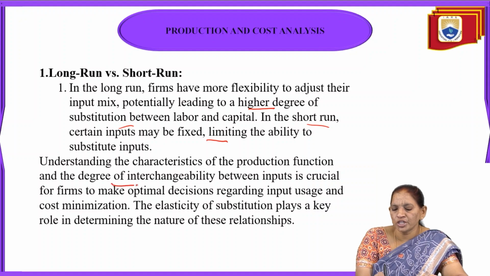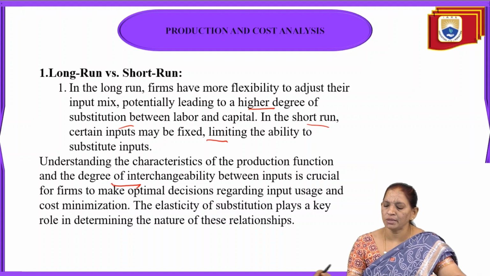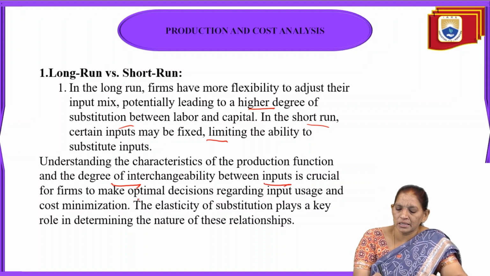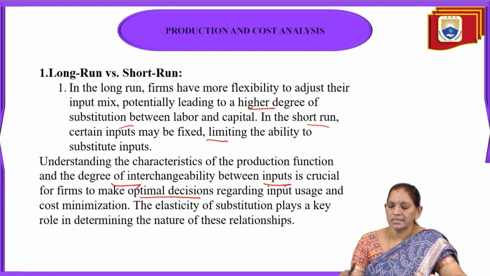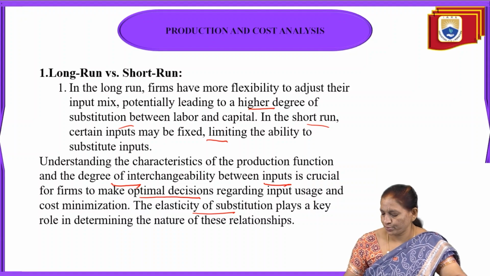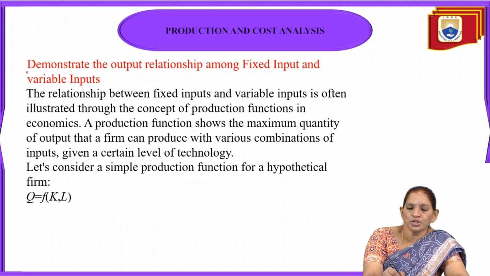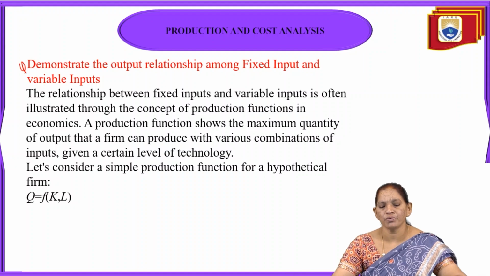So the production functions and the degree of interchangeability have a crucial impact upon the inputs and the optimum decisions regarding usage and cost minimization. So we can say that the elasticity of substitution plays a key role in determining the nature of this relationship. The next question: demonstrate the output relation among fixed inputs and variable inputs.